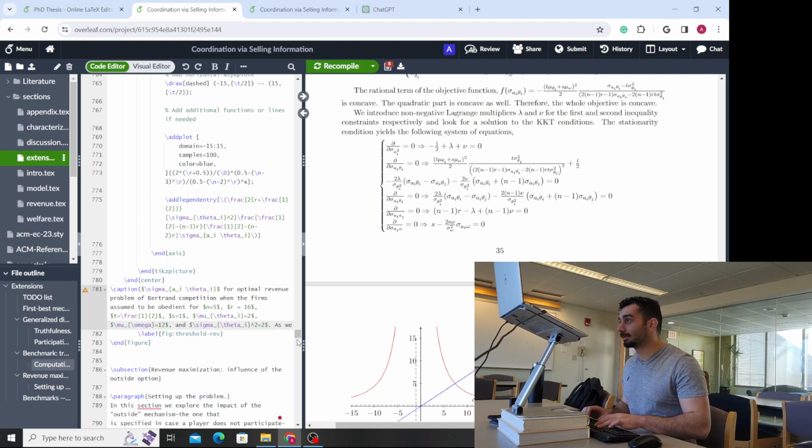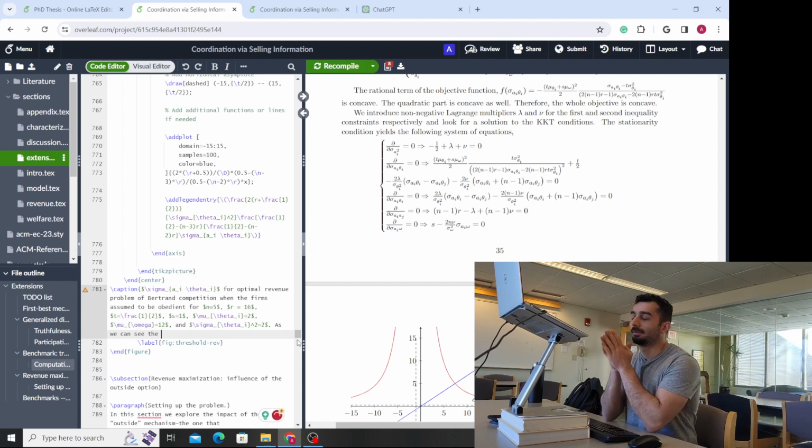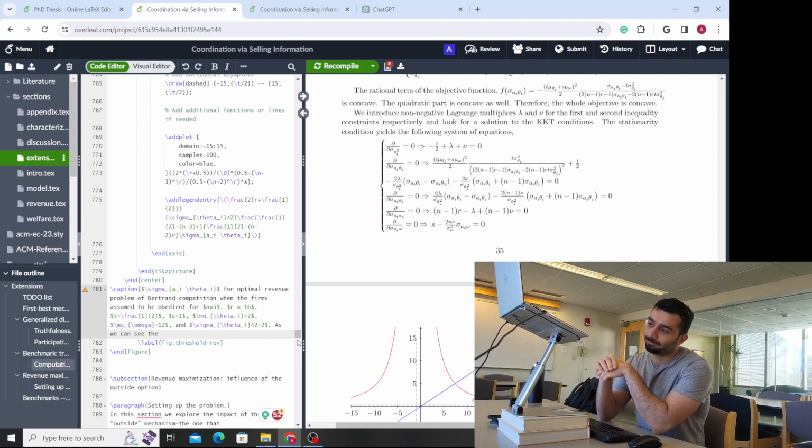As we can see, I want to say the benchmark has a unique solution. Well, it should have. I want to give an explanation for the graph. What is it that we are learning from this graph?